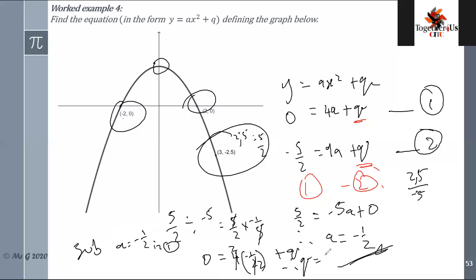Therefore q is actually 2. That means this point here is actually 0 and 2. Therefore, what is my final equation? I'll use a different color for this. My final equation is I've got a negative half x squared plus 2. Now go ahead, see if you can get a graph like this if you sketch that.